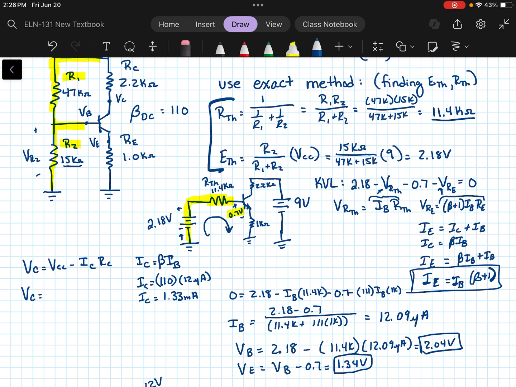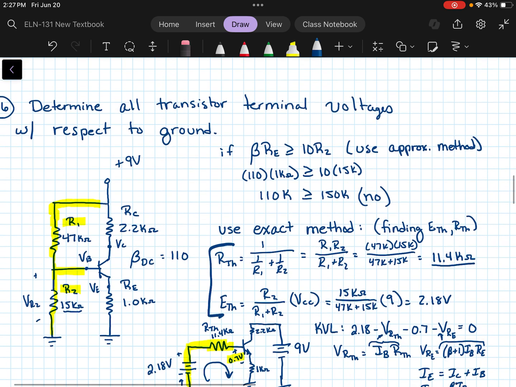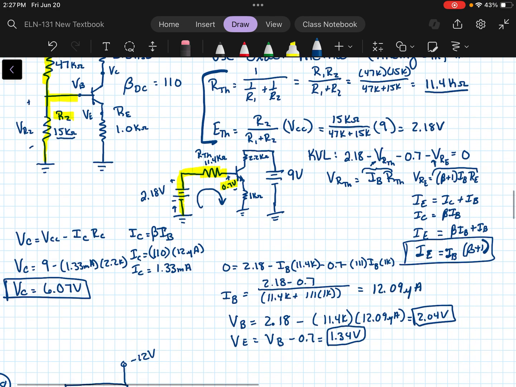So VC would be 9 volts minus 1.33 milliamps times 2.2K ohms, which should be about 6.07. Okay, and there's your VC. I think that's what we were asked for in that problem.